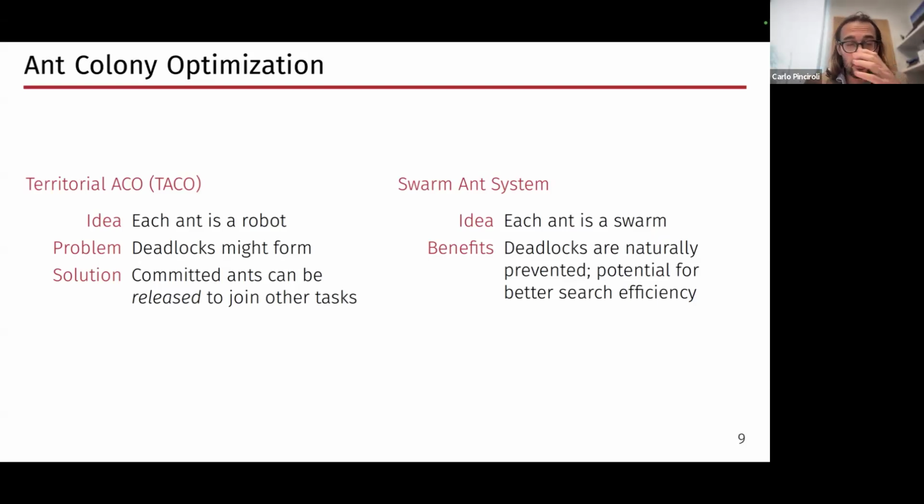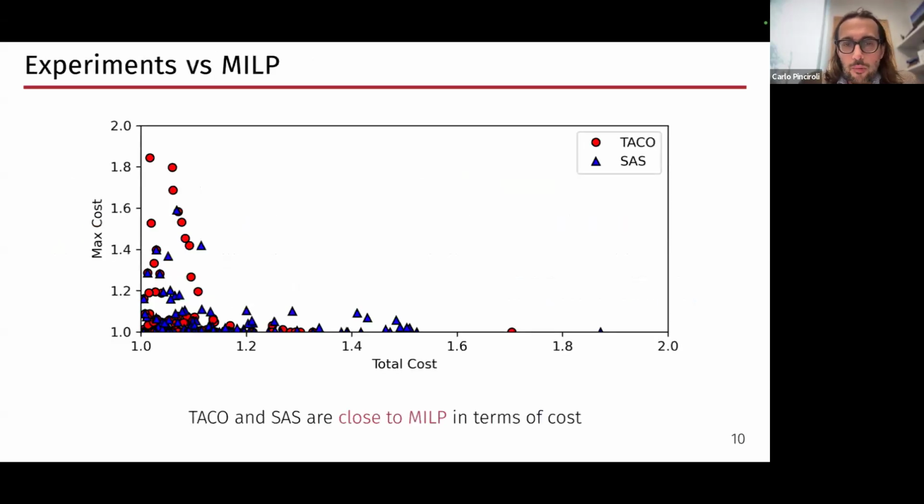In particular, one of the things we were hoping to find is that by moving all of our swarm with all the tasks as a circus, we could discover more efficiently solutions that are not possible with TACO. And so we compared the two together with MILP. In this graph, what we want is to really be in the bottom left corner, because we start from 1, because it's a ratio.